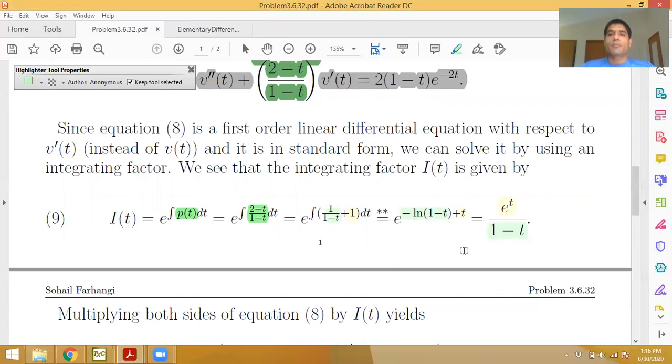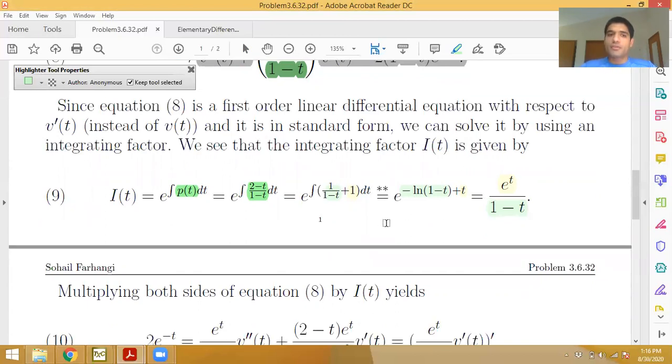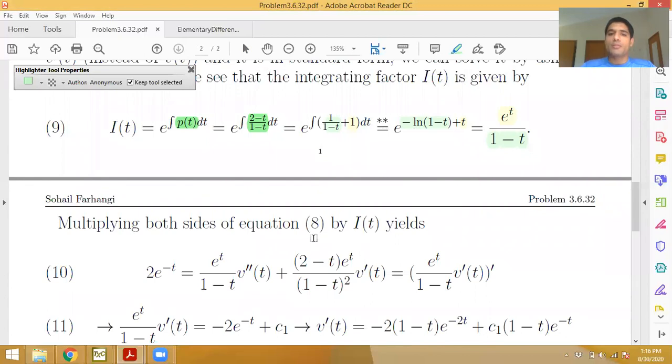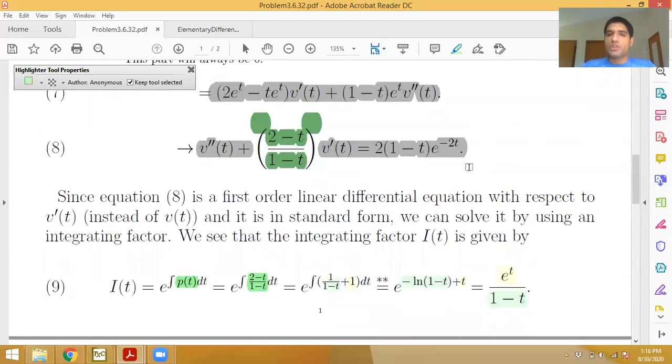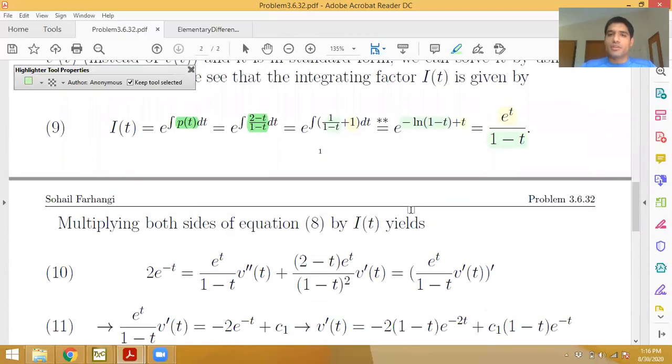So now we have our integrating factor. I'll go ahead and multiply both sides of this equation, equation 8, by the integrating factor.